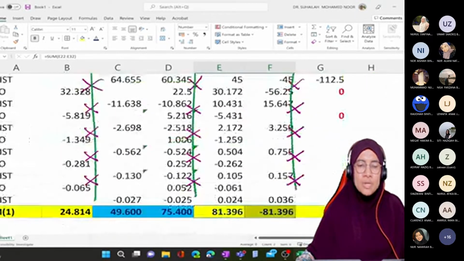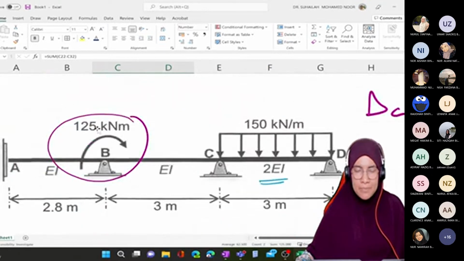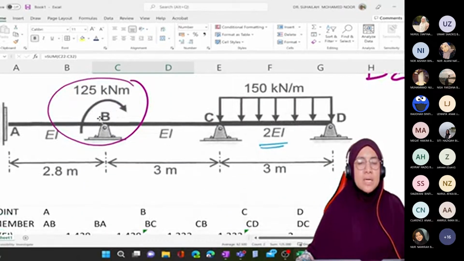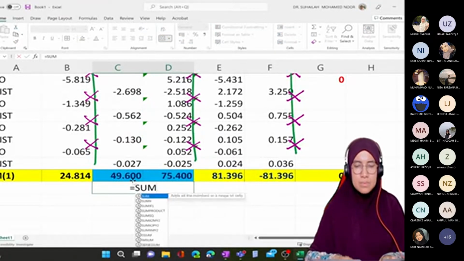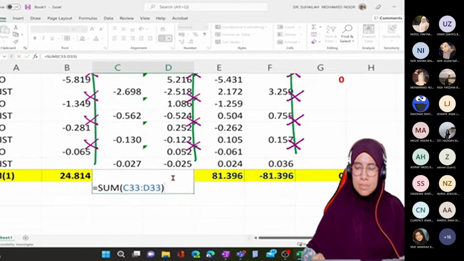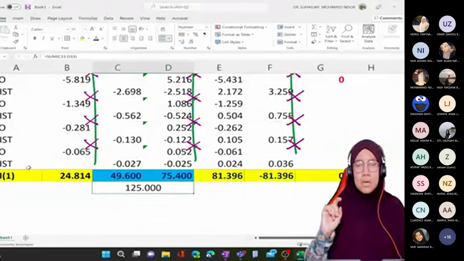So the total of MBA plus MBC must get back 125, because of the joint moment or applied moment at joint B. So this is the end moment for table number 1.